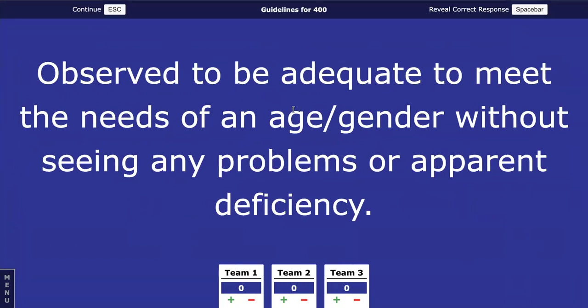Observed to be adequate to meet the needs of an age and gender without seeing any problems or apparent deficiencies. What is this terminology called? Also abbreviated to AI, not artificial intelligence, a different kind of AI.